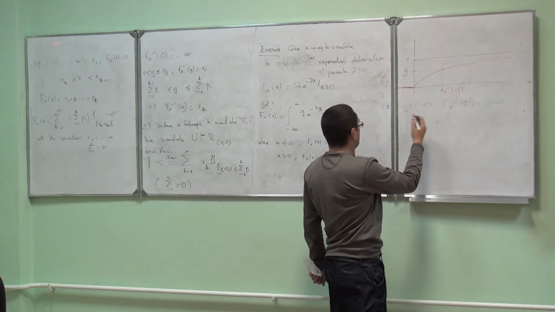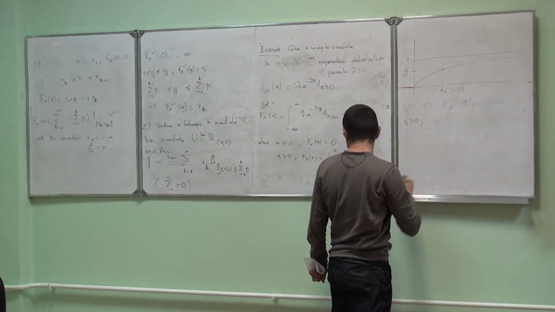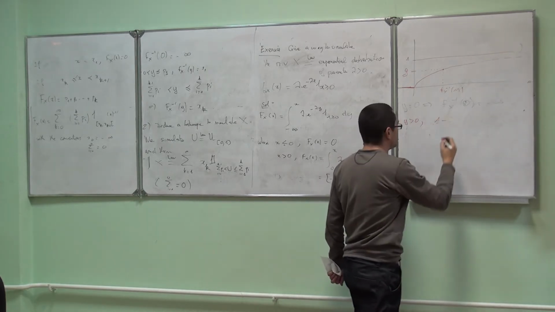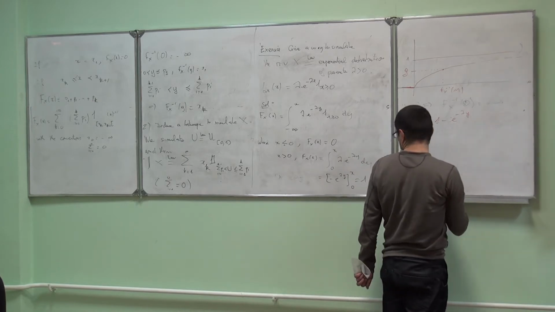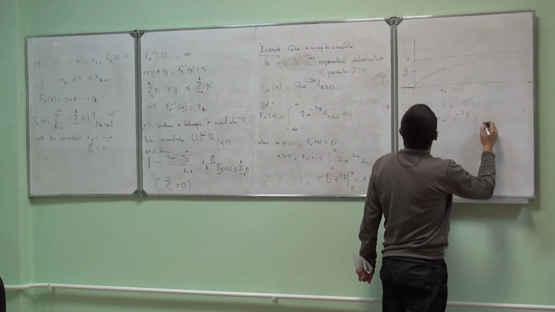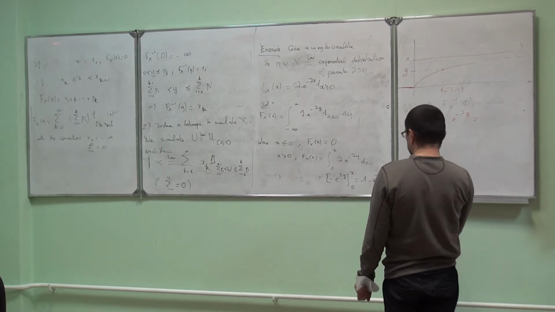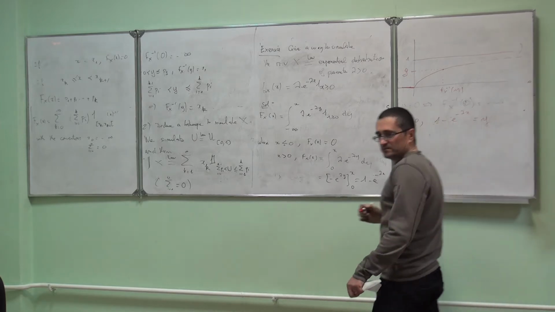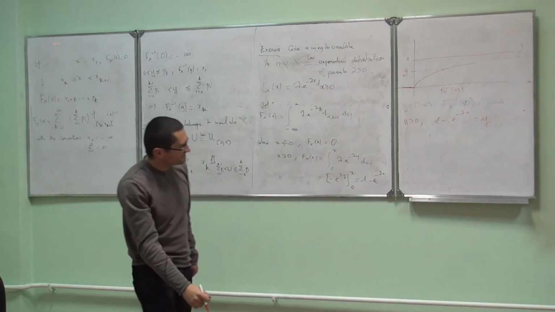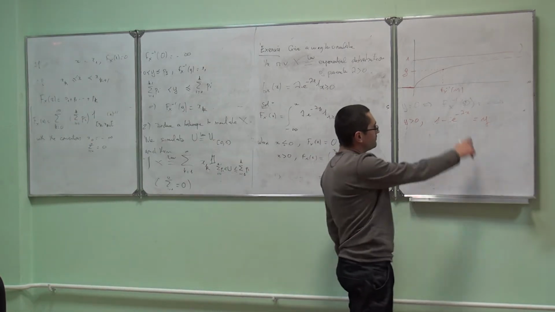So for y strictly positive, you just need to solve 1 minus exponential minus lambda x equals y, and then you solve to find x.